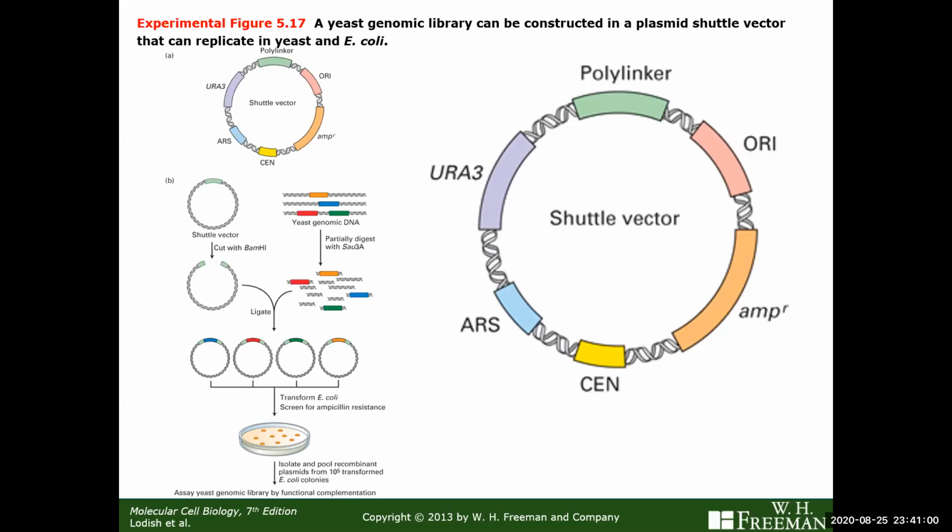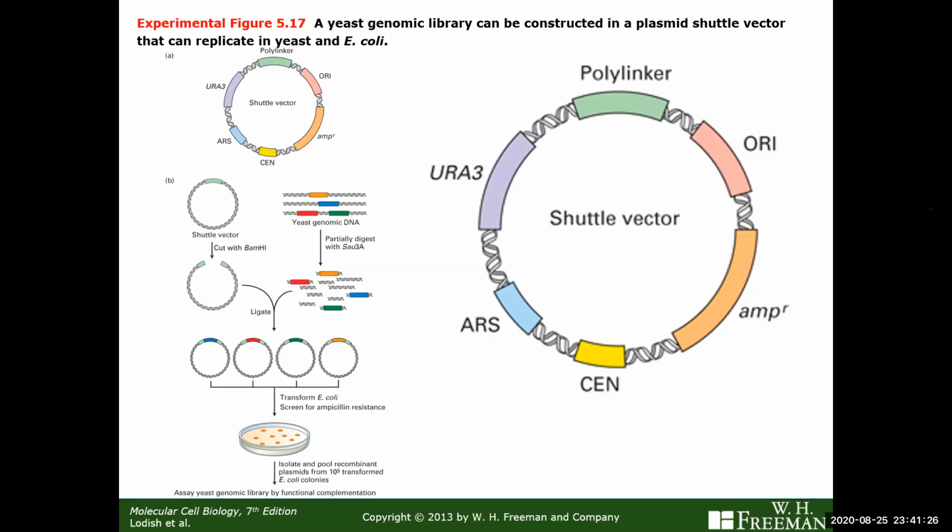As I said, when you are trying to rescue the phenotype, you have to ensure that the protein for the corresponding gene is expressed. Therefore, you have to have the machinery for protein expression there. For that purpose, you use something called a shuttle vector.